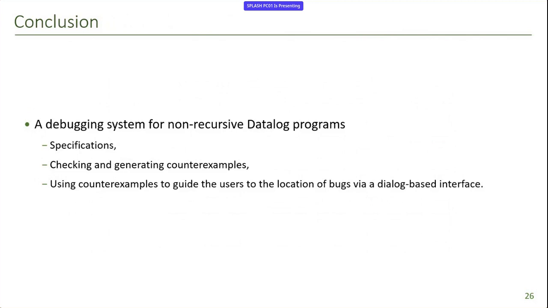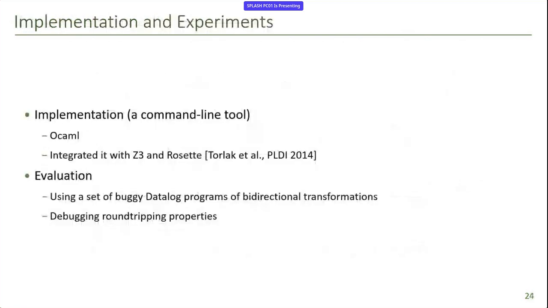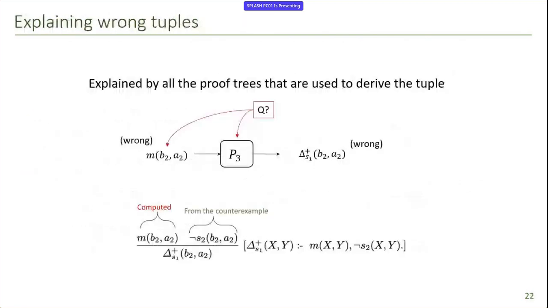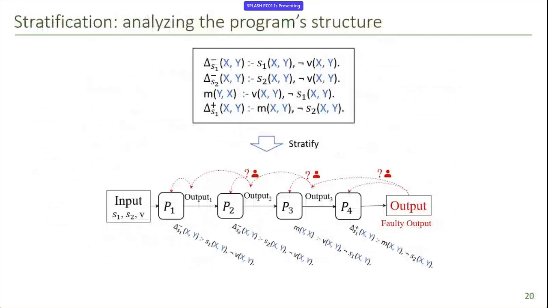Number one, the stratification restriction of the program, is that important? Or is it just for efficiency? Yeah, thank you for the question. I think this stratification step is quite important in our debugging system because buggy programs may have a very big set of rules, and we don't know which rule is computed and in which order.